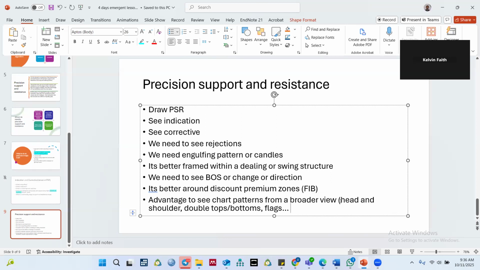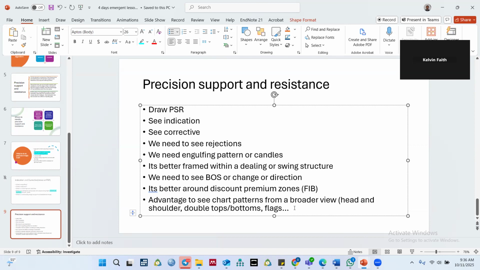Head and shoulders, double tops and double bottoms are all reversal patterns, and flags are more of continuation patterns. There are a lot: triangle, falling wedge, rising wedge, all of them. But the ones I like most is the head and shoulders. I like the head and shoulders very well.